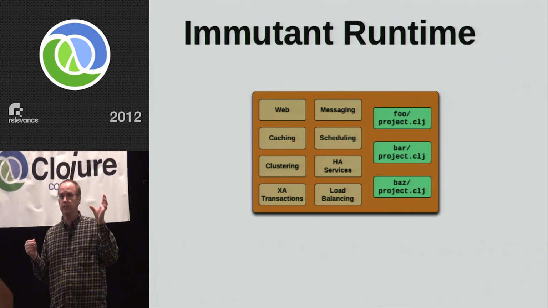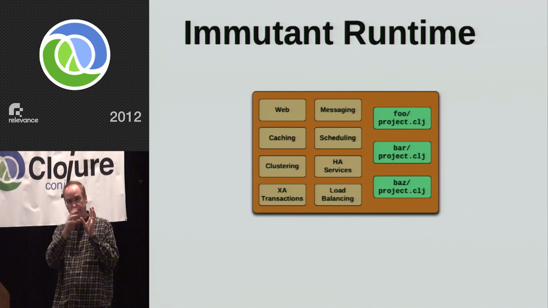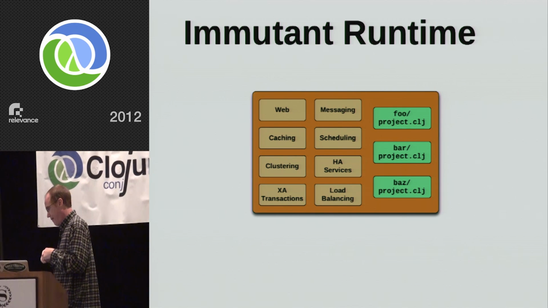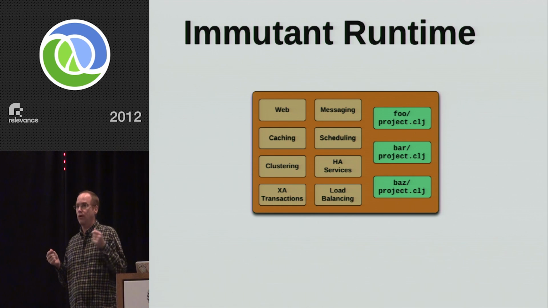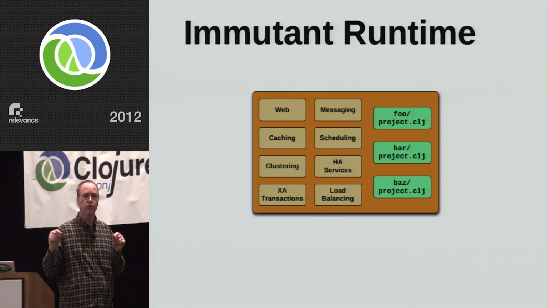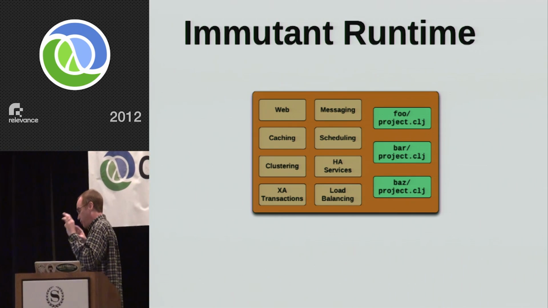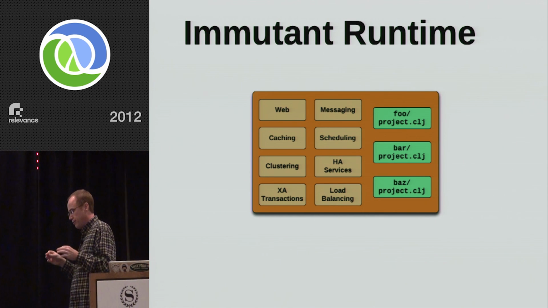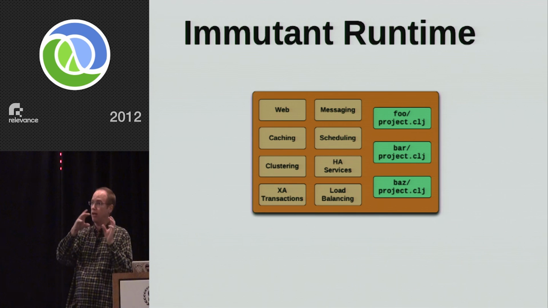We add some libraries around those services that engage those services through side effects, the functions in those libraries. And we provide native support for Leiningen projects so that there is no packaging step. There is no uberwar required, no war file at all required. When you deploy your Leiningen project to Immutant, you're telling it where your project.clj file lives.